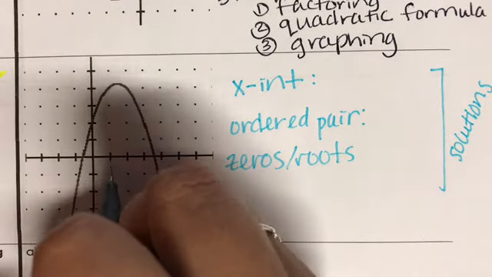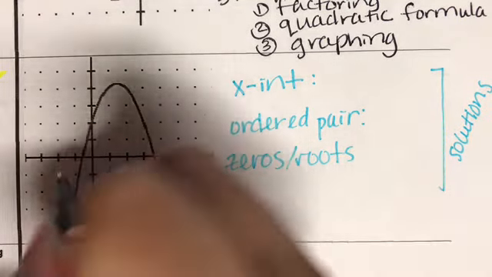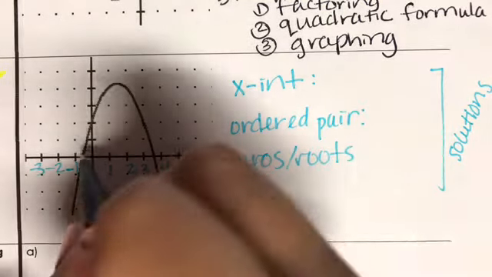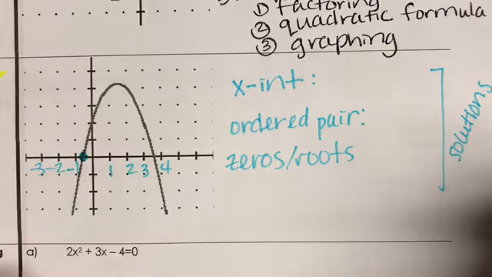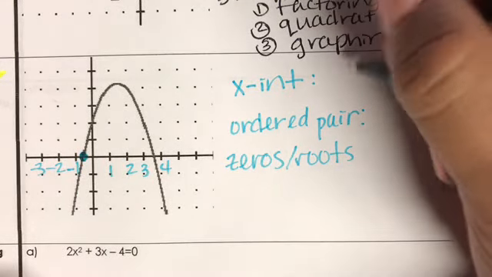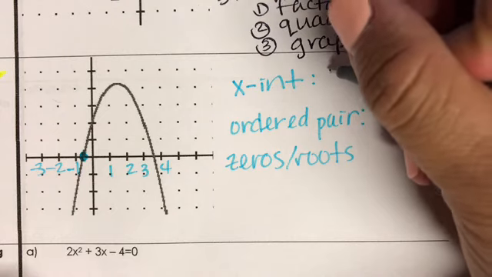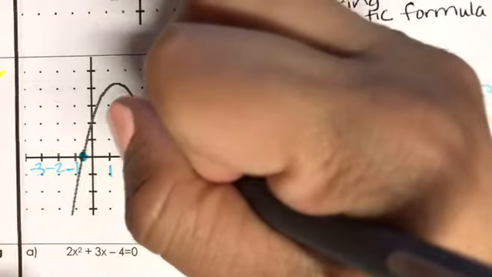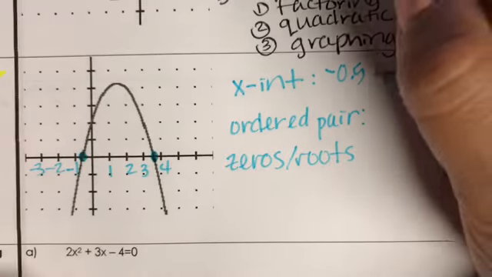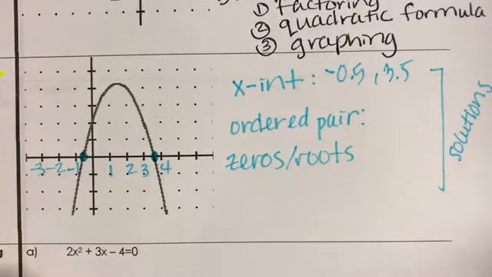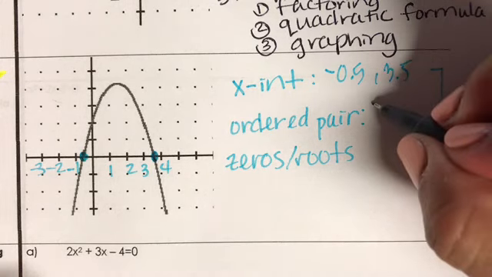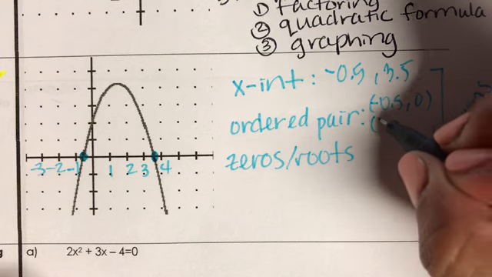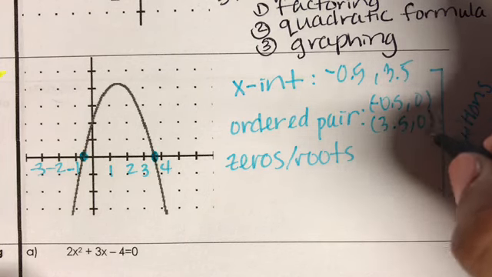So if I number this, 1, 2, 3, 4, -1, -2, -3. So let's look at the one on the left. I get my first x-intercept at -0.5. I get my second x-intercept at 3.5. I get the ordered pair at -0.5, 0, and the second ordered pair at 3.5, 0.